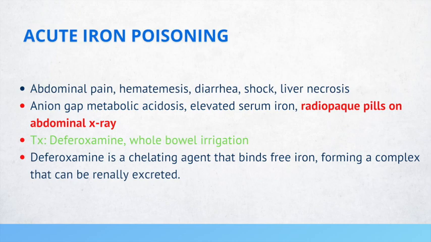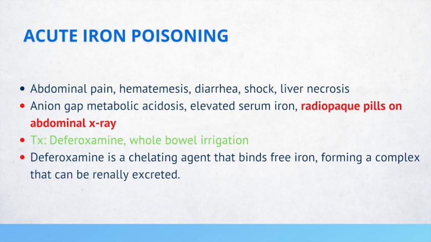These patients also have anion gap metabolic acidosis, elevated serum iron, and radio-opaque pills on abdominal x-ray. To treat these patients, you can use whole bowel irrigation, but the most common drug that you use is actually a chelating agent that binds free iron, forming a complex that can be renally excreted.